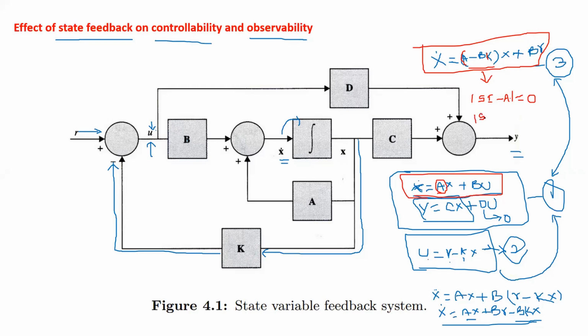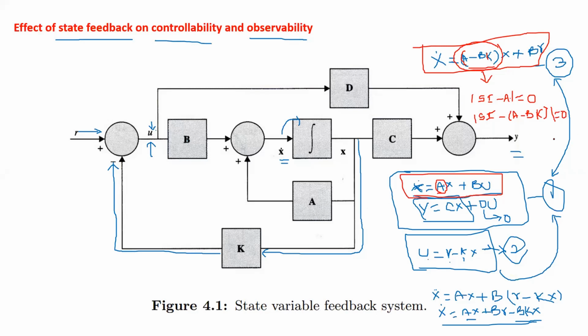I can take SI minus, in place of A, A minus B multiplied with K, mod is equal to 0.